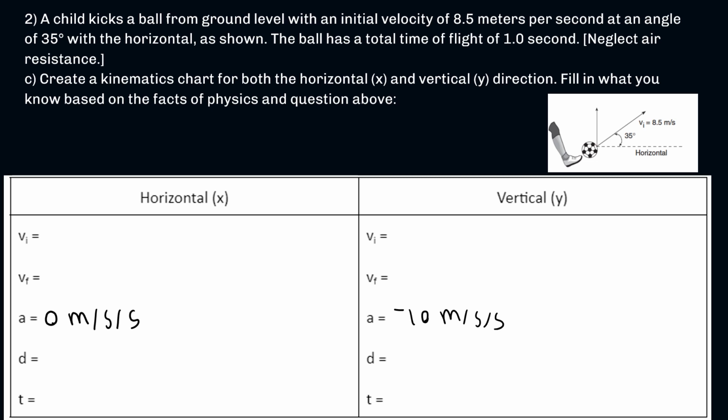In the horizontal direction, we start with an initial velocity of 8.5 meters per second and an angle of 35 degrees with the horizontal. For the horizontal direction, we have to use our x component, which is my velocity v times cosine of theta.